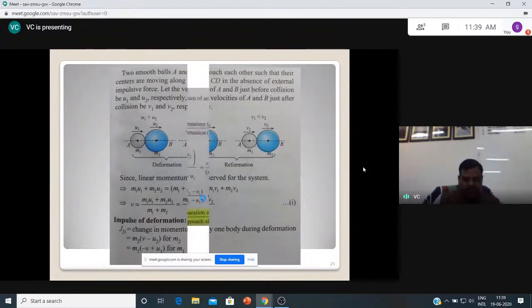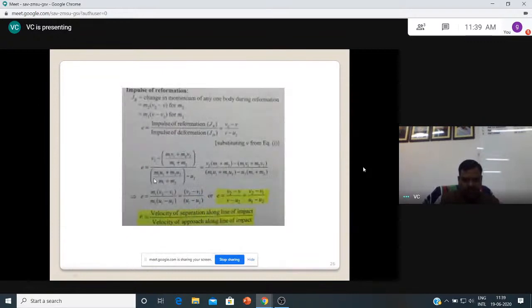Okay, that we can substitute here, in these two cases with final velocities, and then we simplify. This is the coefficient of restitution. This is one very important parameter in collisions. e is equal to 1 in some cases, like elastic, plastic cases, semi-elastic, semi-plastic cases.